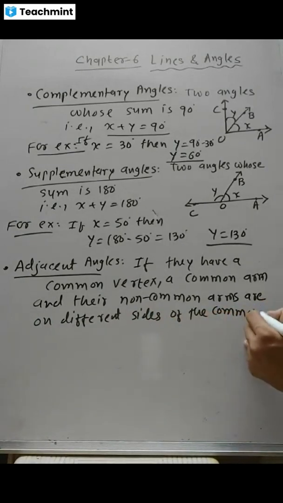Different sides of the common arm is called an adjacent angle.